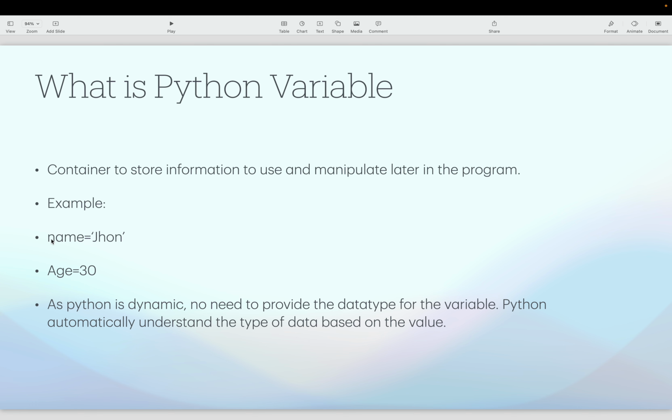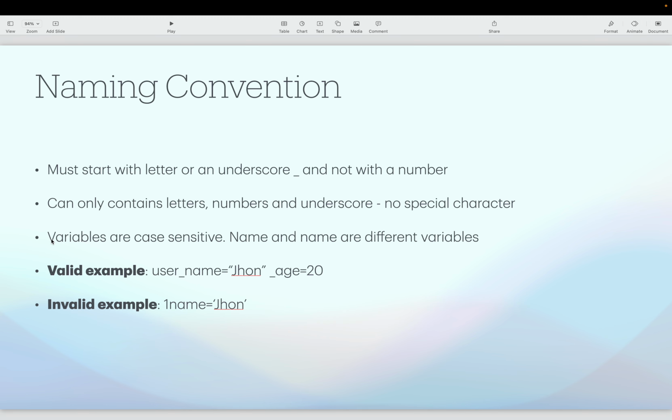Okay, so there are some basic rules for creating variables in Python. The variable name should start with either a letter or an underscore, and we should not start with any number. If you write a variable name starting with a number, it's invalid in Python, and I'll show you that in the demo. It can contain only letters, numbers or underscore, and it should not contain any special character.